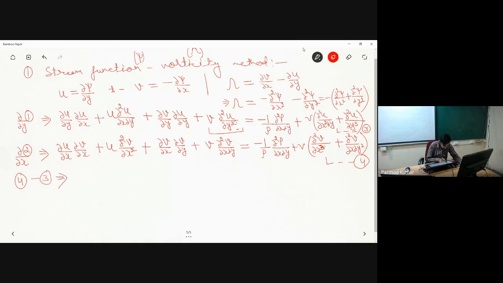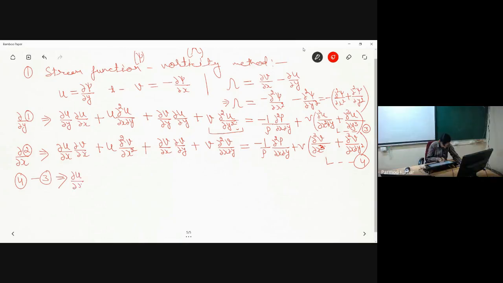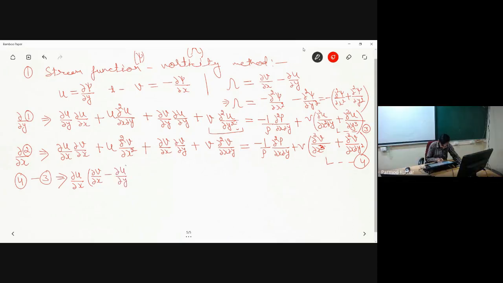In the first term, are you finding any common term? Yes, sir. Del u by del x is common. Inside I will be getting del v by del x minus del u by del y. Then in the second term, I will be finding plus u into, is there anything common?